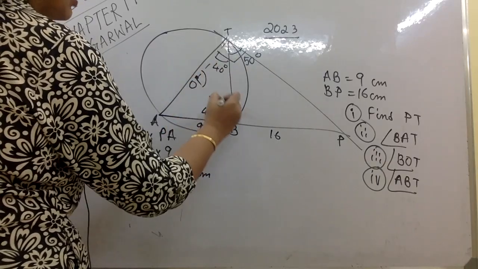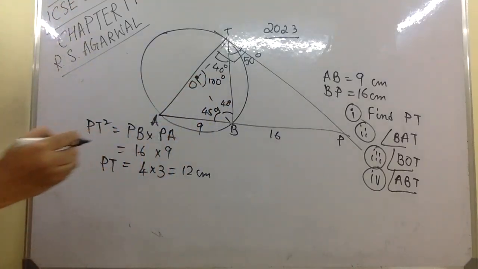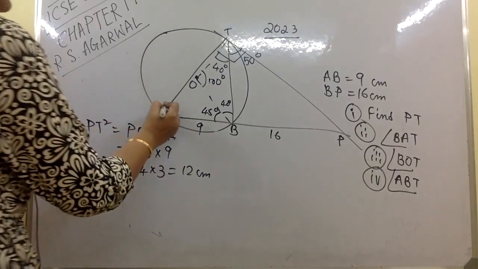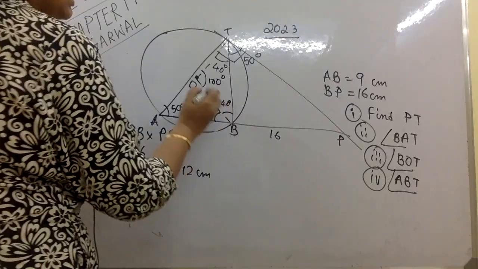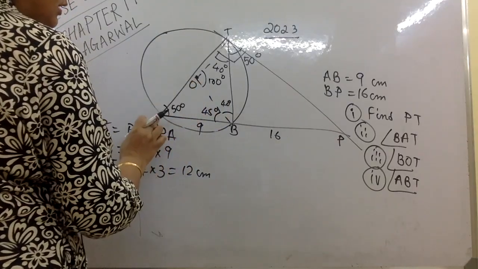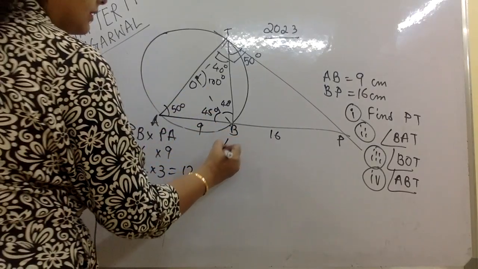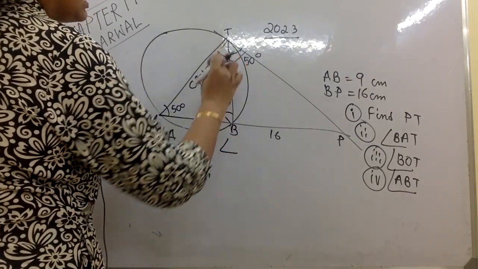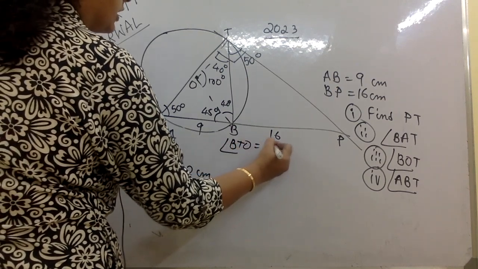So this angle according to triangle sum property is 100 degrees. So BAT becomes 50 degrees. Why? Because the chord BT is holding this up at the center and holding this angle at the circumference. How do you do it? Angle BTO is equal to 40 degrees.